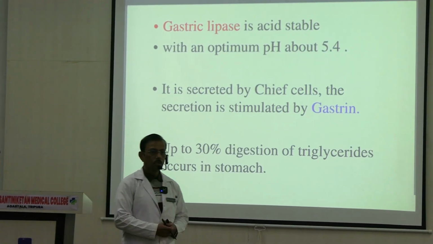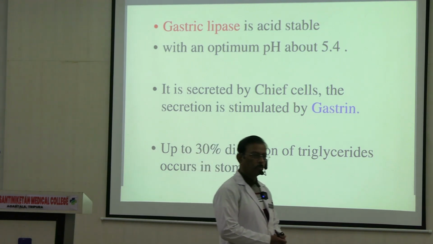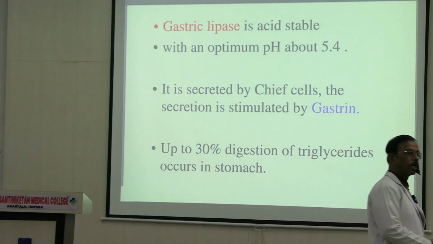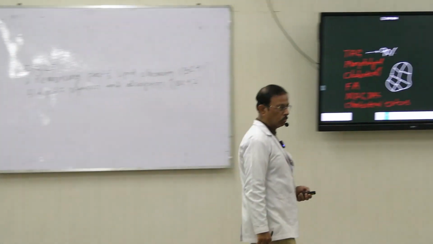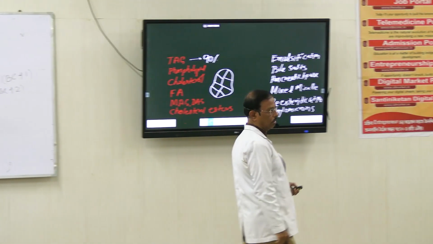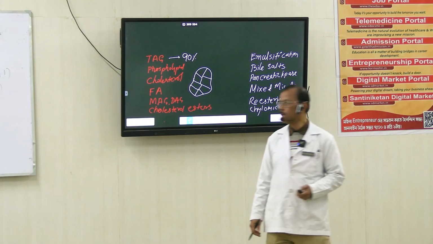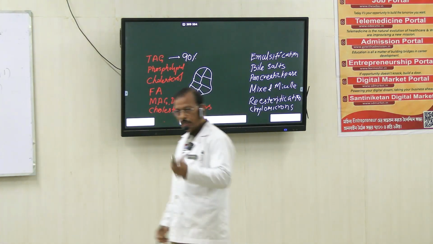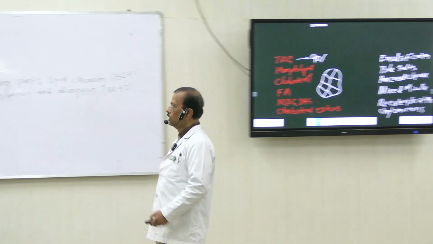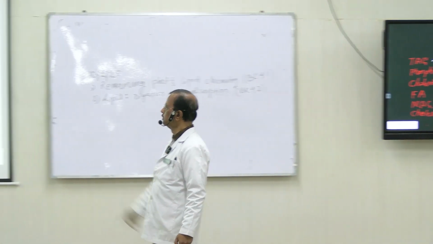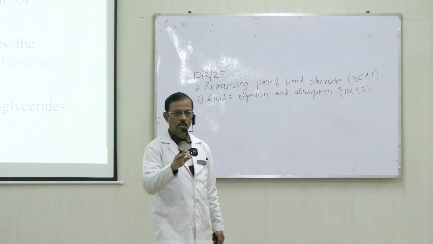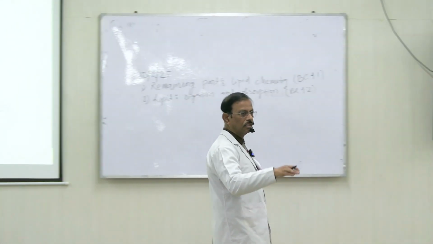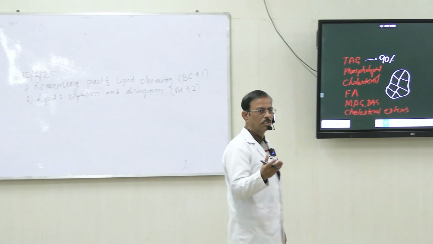Now, as soon as the food particle containing lipid enters the stomach, the gastrin hormone is released from the stomach. Okay, and that gastrin stimulates release of gastric lipase. Now, the wonderful thing is gastric lipase is secreted in the stomach but has no activity in the stomach.